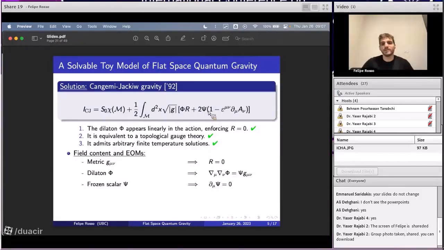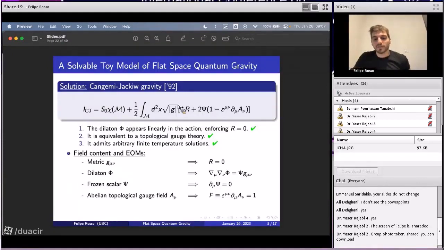And then we have this additional scalar psi that I will call a frozen scalar, and the reason for that is because the equation of motion for this scalar is simply telling us that the scalar has to be constant. Okay. And finally, we have the abelian topological gauge field whose equation of motion simply tells you that the field strength F has to be constant. So even though this CJ gravity action might seem a little bit intimidating at first because we have these 4 fields appearing in this very particular way, we see that the equations of motion are quite simple. Okay.